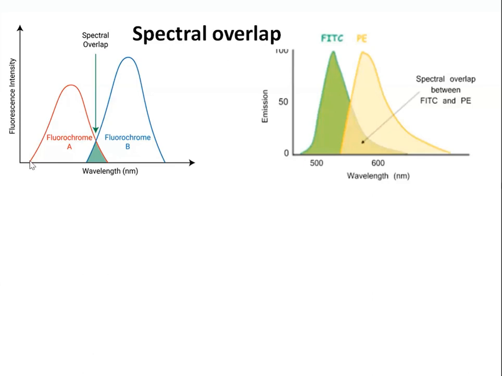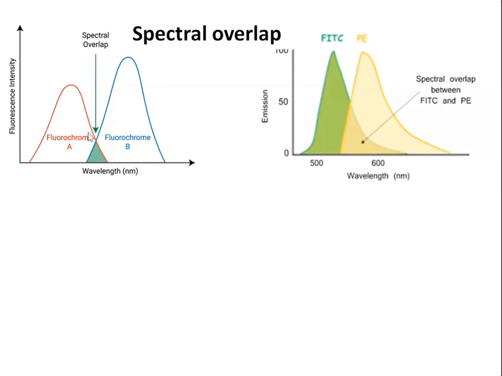For example, this is fluorochrome A, and this is the emission spectrum of that particular fluorochrome. You know what an excitation spectrum and excitation maximum are, and what an emission spectrum and emission maximum are, correct? Now, this is the emission spectrum of fluorochrome A, and this is the emission spectrum of fluorochrome B. The emission maximum of fluorochrome A lies somewhere here, and similarly the emission maximum of fluorochrome B lies somewhere here.